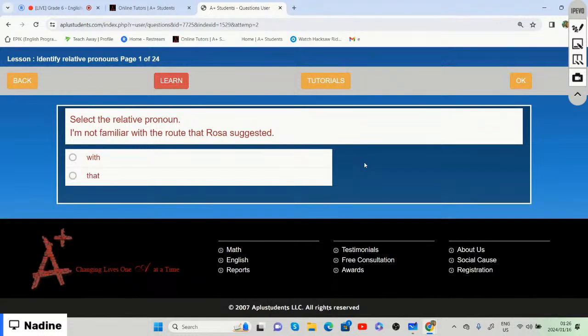I'm not familiar with the route that Rosa suggested. So we need to say, is our relative pronoun either with or that? We need to say, is it with or that?